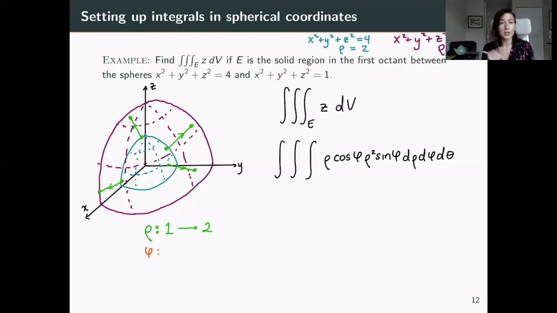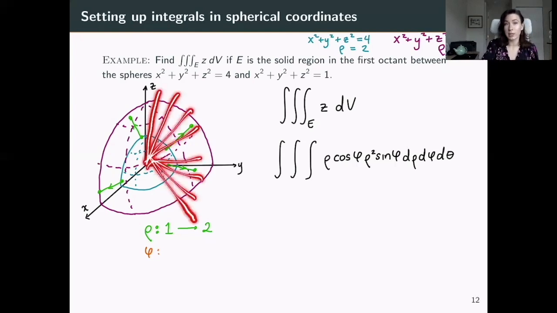Now we need to go ahead and think about what is happening with our phi. So remember that phi is going to be the angle between the z-axis and the ray. So in this case, we're looking at what our angles could possibly be. I see that I could have a line like this, but because I'm restricted to the first octant, my phi is not going to pass pi over 2.